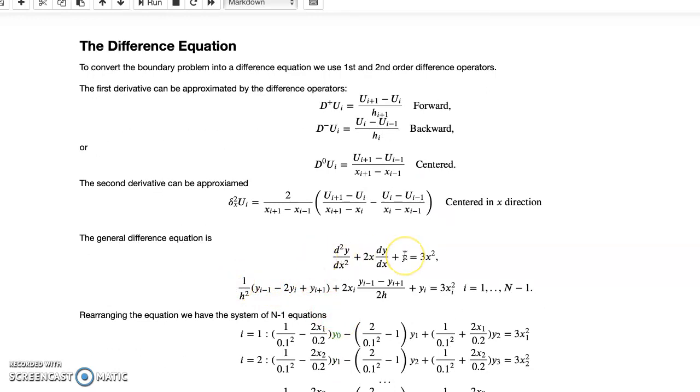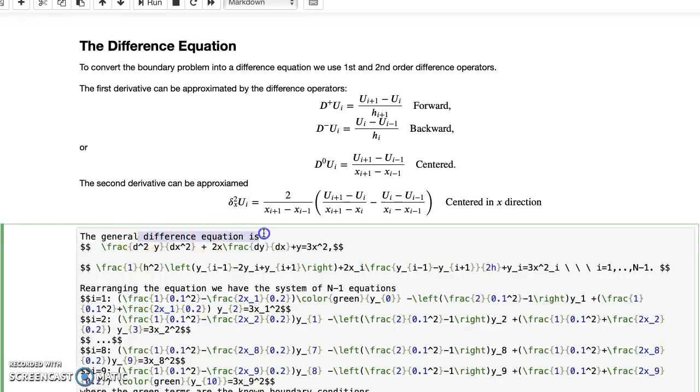This is our differential equation. Our difference equation is this.